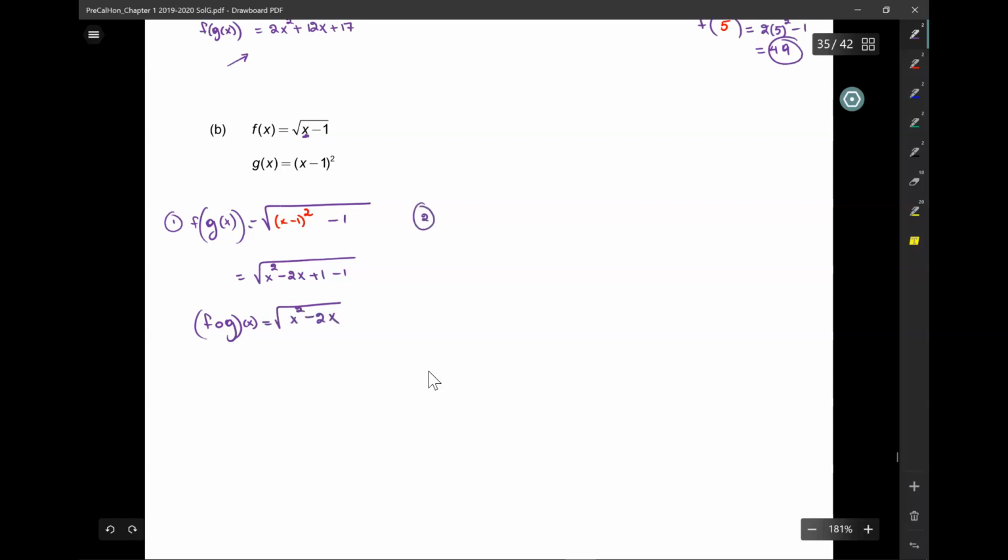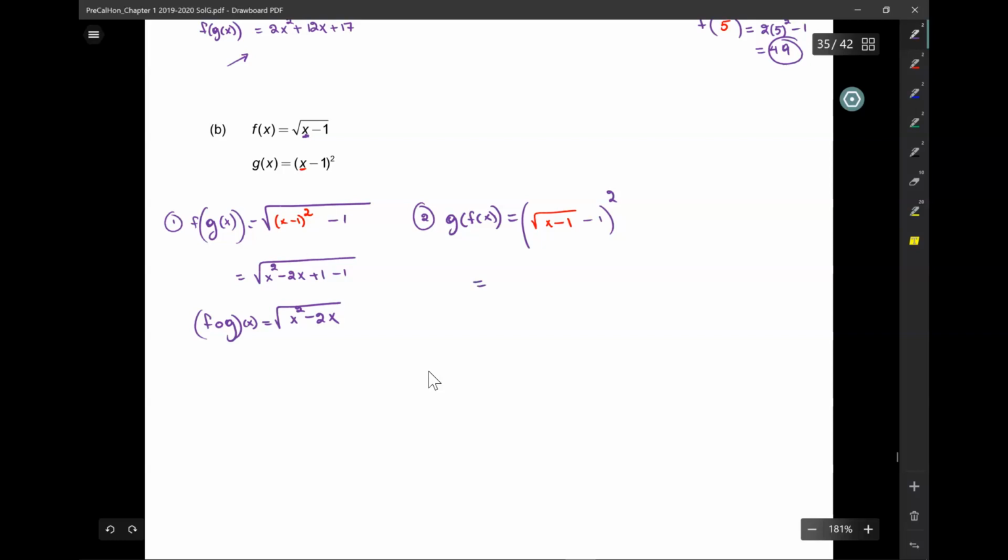Okay, so now let's do g of f of x. So what's g of x? It's parentheses x minus 1 squared, but instead of x, I'm going to put in f of x. So the square root of x minus 1, squared. Let's square this.